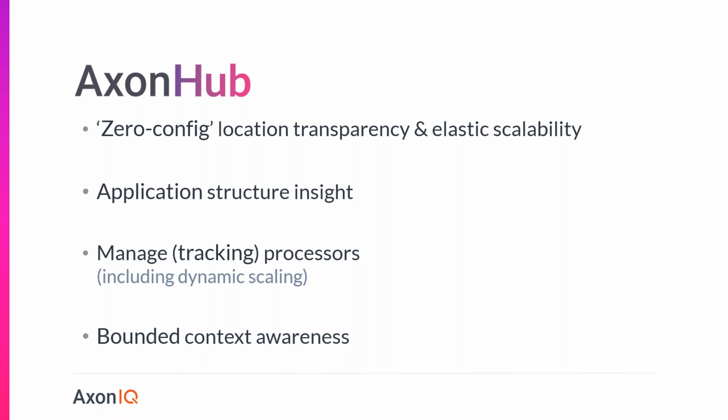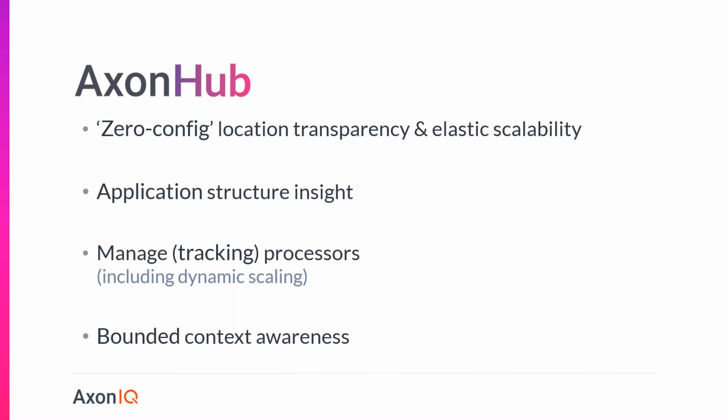Axon Hub also provides insight into your application structure, so you can use Axon Hub to see the components inside the application handling events or producing commands and things like that. It can manage the event processors. This is a feature coming up soon in the next version of the Hub.